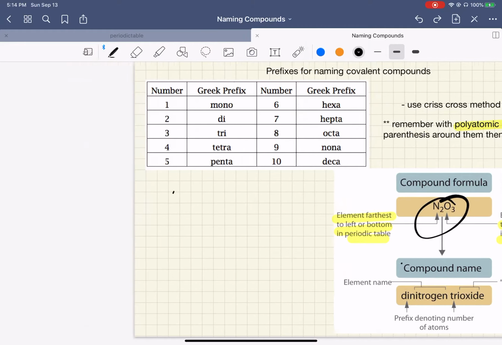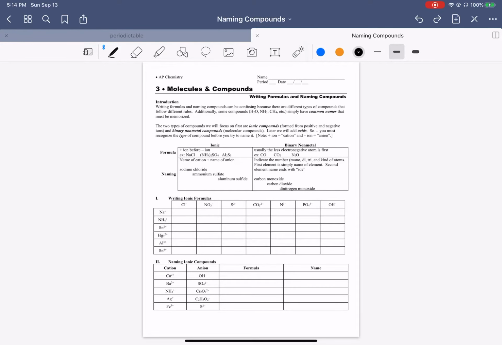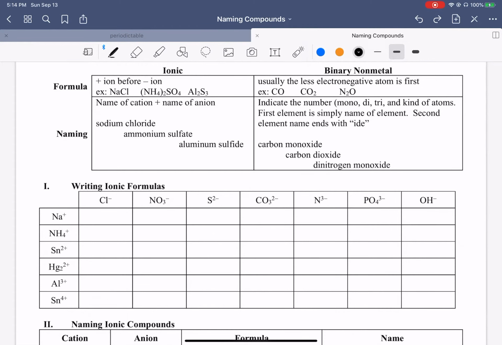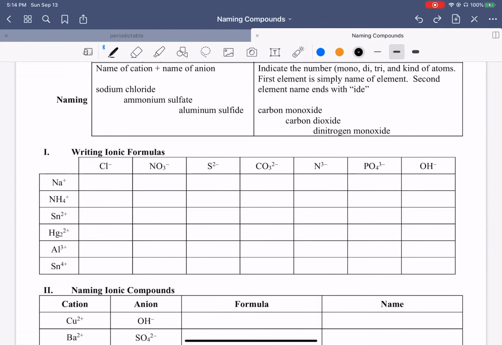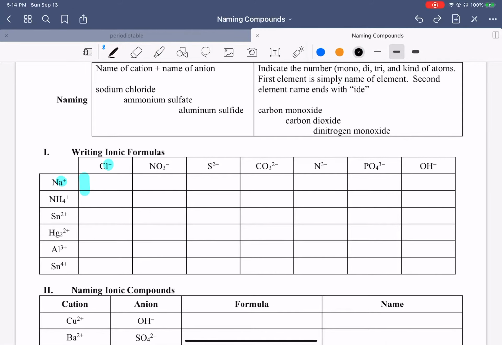So let's go back to the worksheet here, and we'll do a few of these together. All right, so this is just making several formulas here. Now, it's really easy to see if it's a +1 and a -1, it's just going to be the formula. NaCl. That's pretty simple.